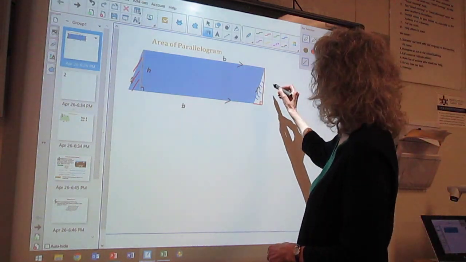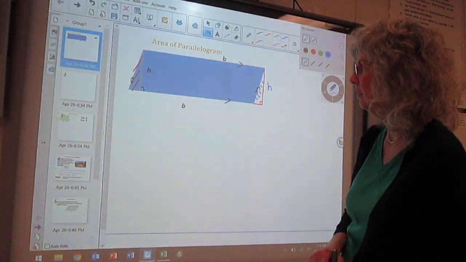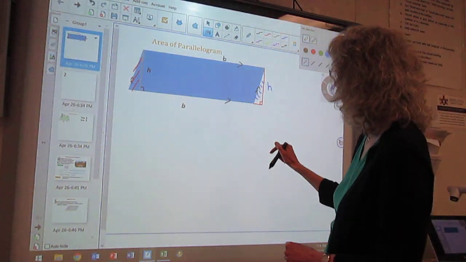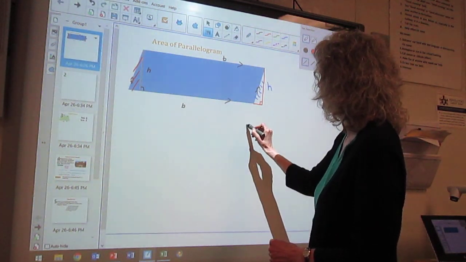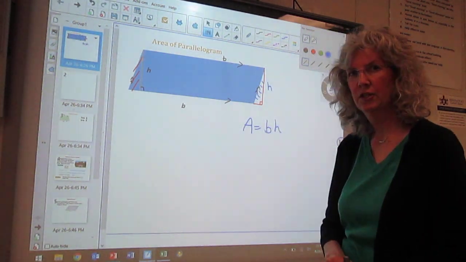In this case, this is now H, because we took that triangle and just slid it all the way over. So now that's H, and so our area is the same as the area of a rectangle, BH.